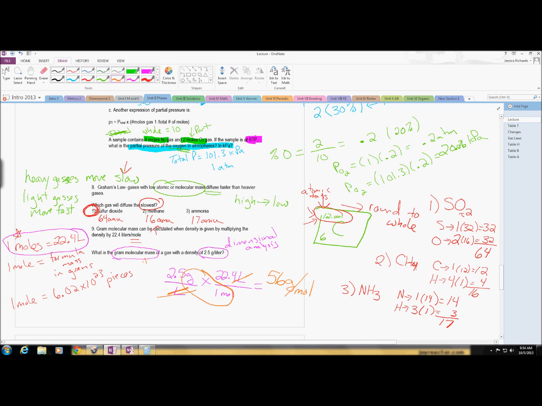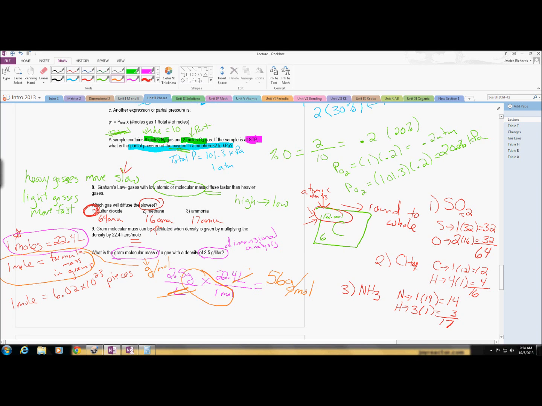Gram molecular mass is done in grams per mole, or this relationship right here, grams, formula mass, per mole. And that's it. It's just dimensional analysis. We just do that work, and we get our answer of 56 grams per mole.